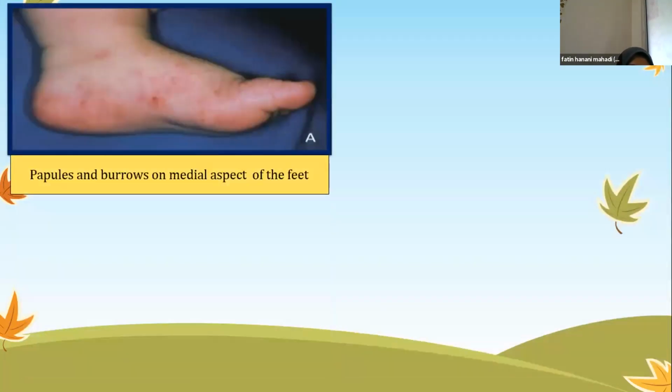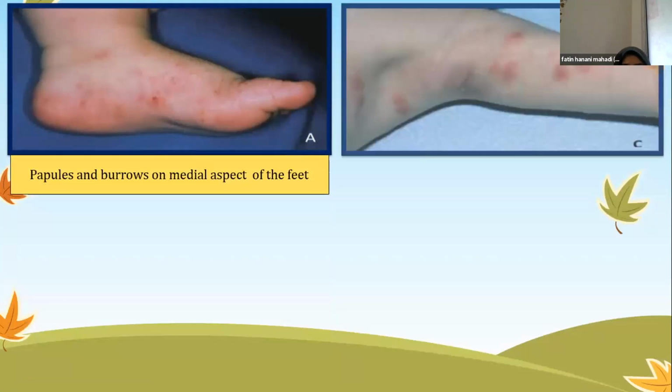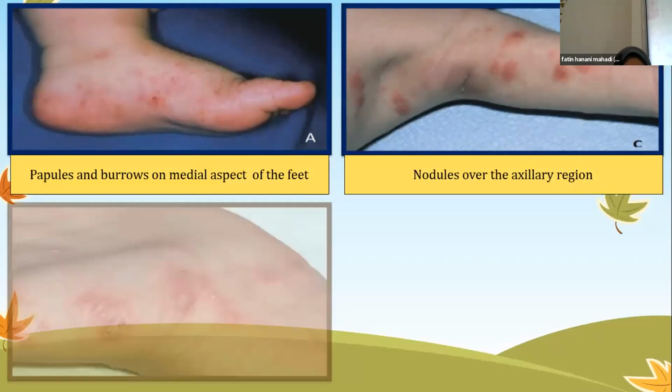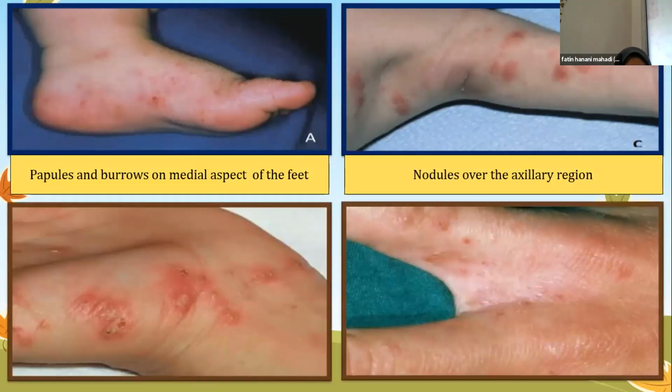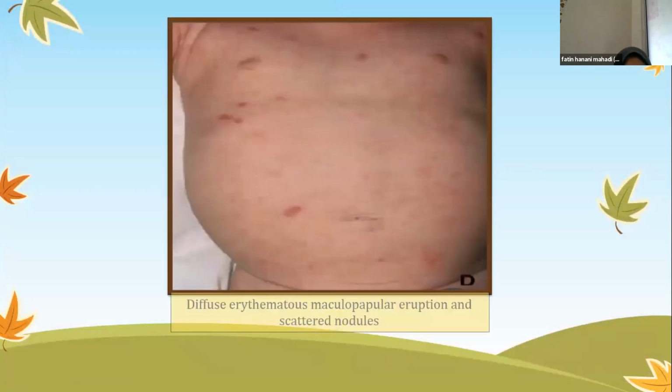This is showing the papules and burrows on the medial aspect of the feet and nodules over the axillary region, and this at the wrist and also between the fingers. Meanwhile, this is showing the diffuse erythematous maculopapular eruption and scattered nodules.